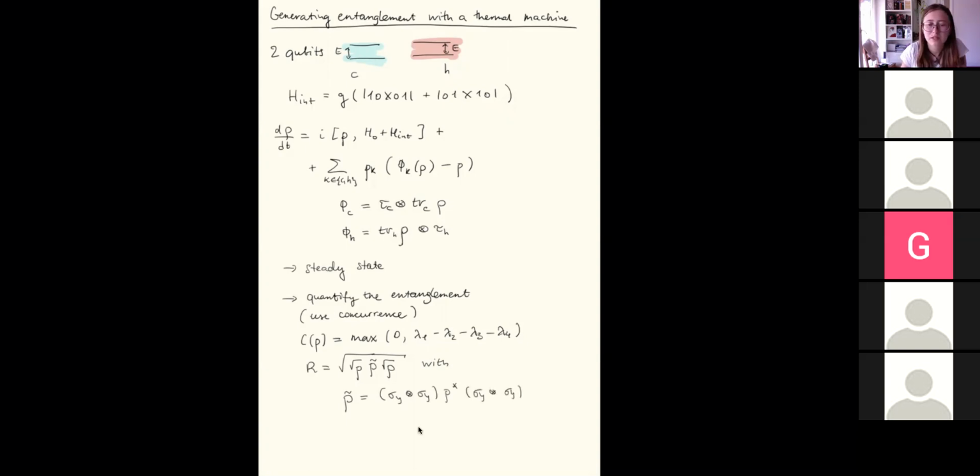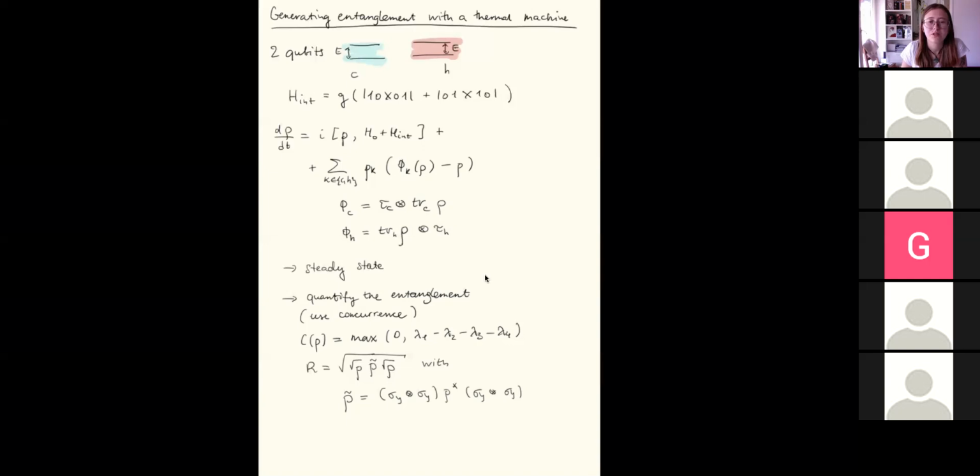So rho tilde is like, if we apply the y operator to each qubit, but also these two qubits are in a conjugated state. Yeah, so this is a funny measure of entanglement between two qubits.